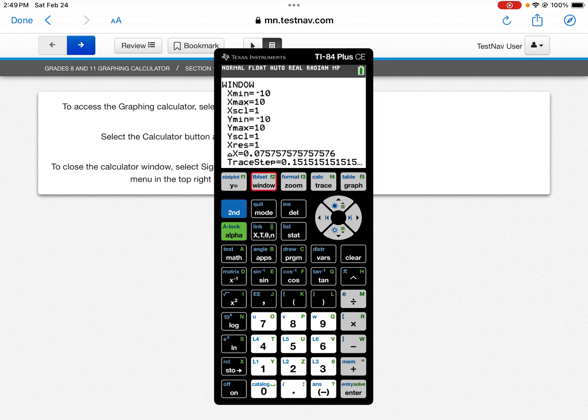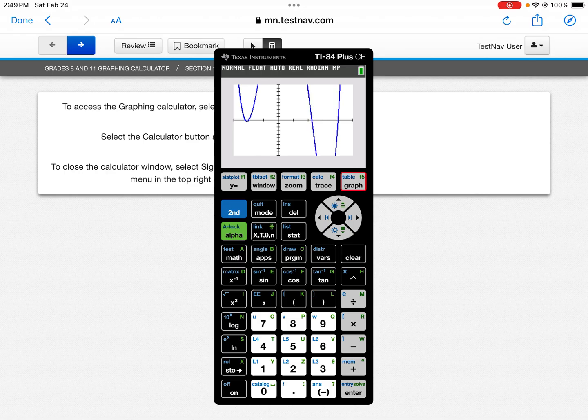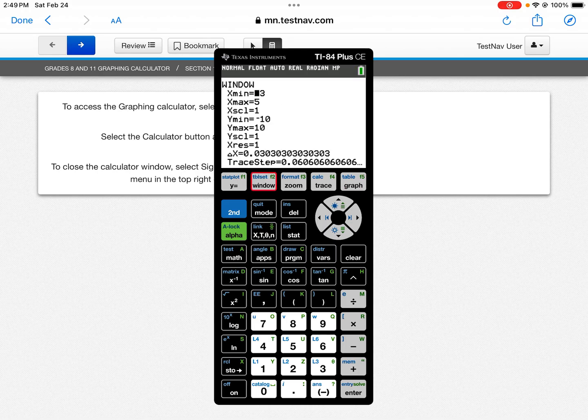If we made this negative 3 and 5, if we enlarge the graph, let me enlarge the graph even more than that, negative 3 and 3, and let's go back.